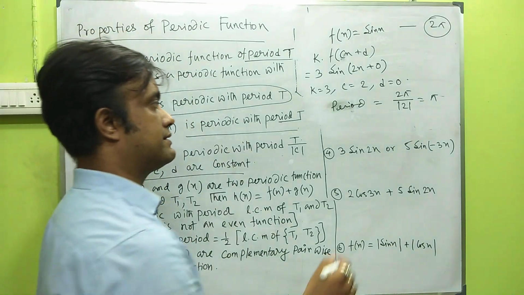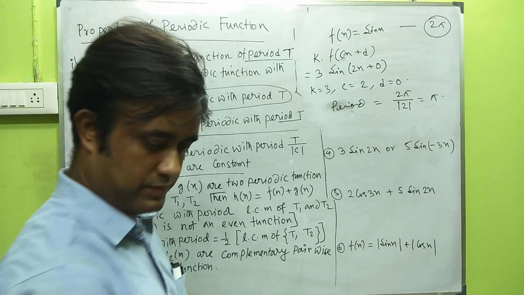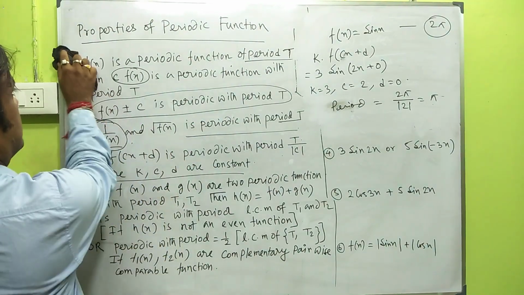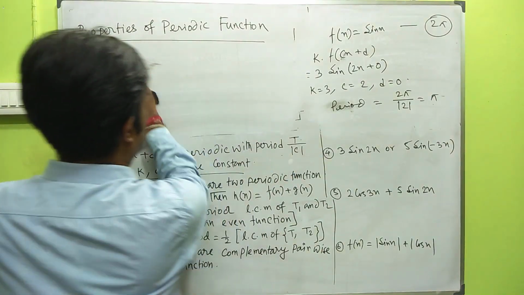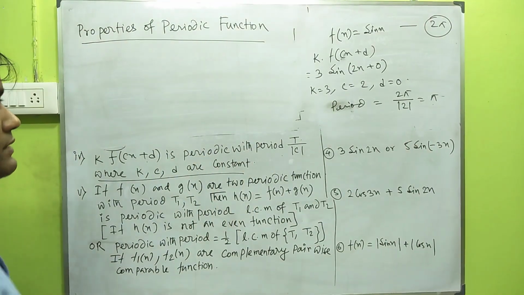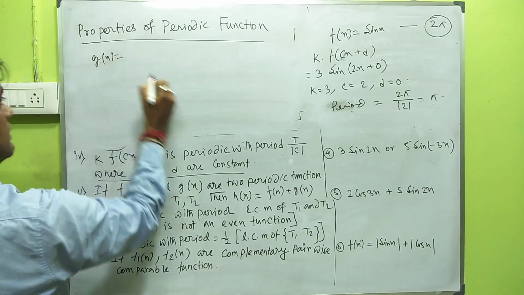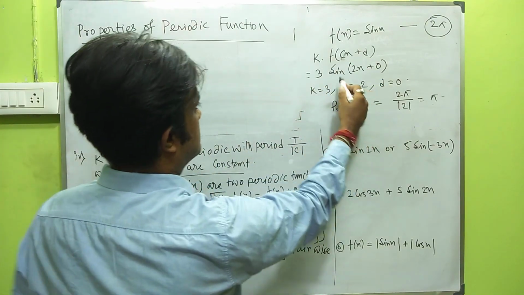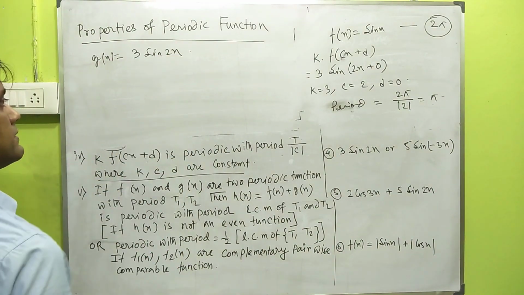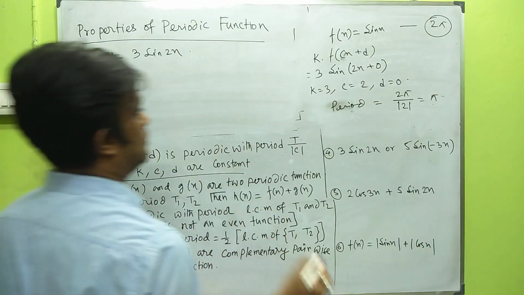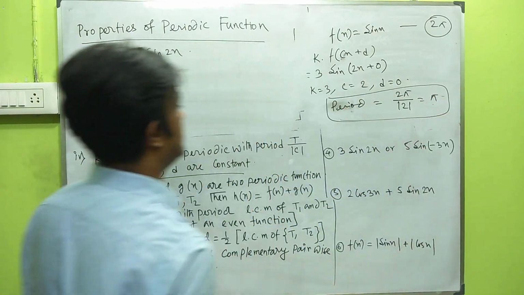So now we verify this. Suppose g of x is equal to 3 sin 2x. Now we calculate, the period of this function is pi.